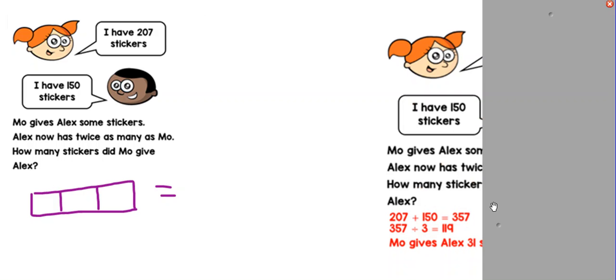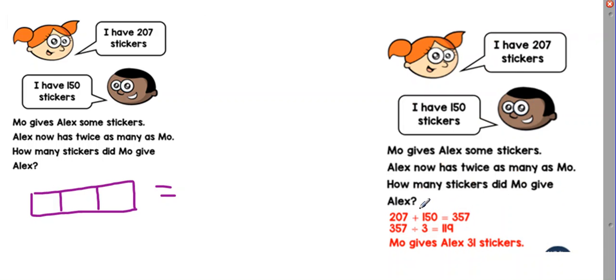Okay then, let's have a look. So, the first thing we need to do is 207 add 150, which is 357. Then, we need to divide that by 3 to find how much 1/3 is. So that's 119.